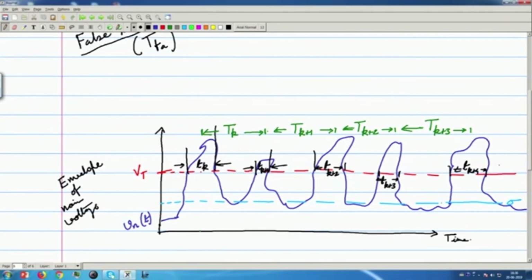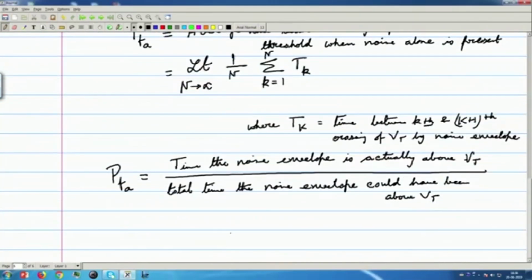So, this is that in writing I have written time the noise envelope is actually above V t, total time the noise envelope would have been above V t. So, in the parlance of averaging, I can write this, the upper one is T k average and the lower one is capital T k average.